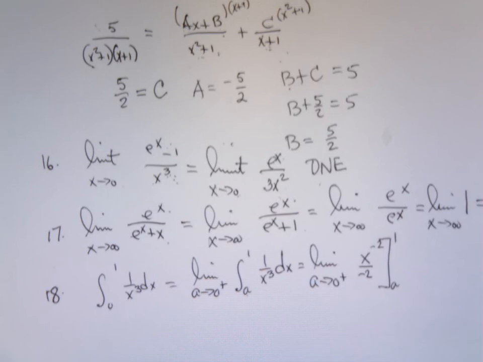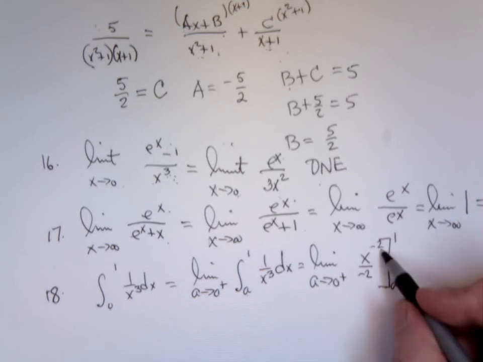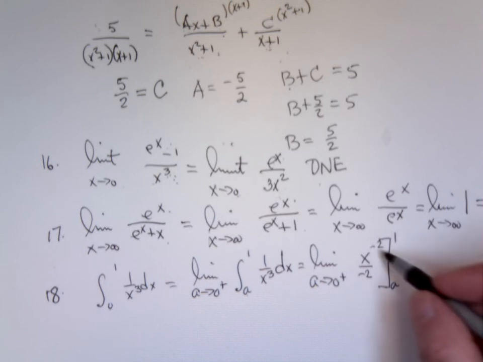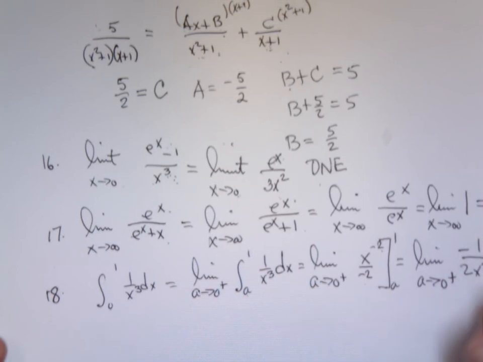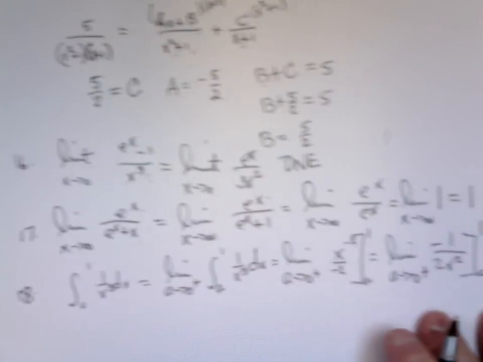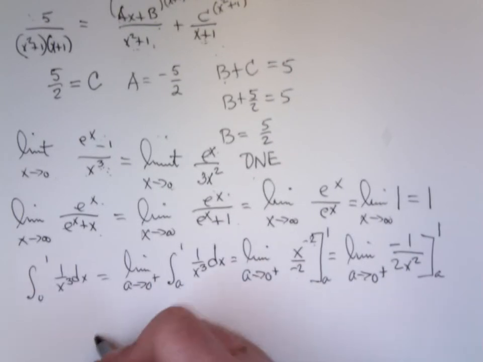Because you're integrating x to the negative third. On top, it is too. Here it is and here it is. I would rewrite this as negative 1 over 2x squared. And now substitute in 1.